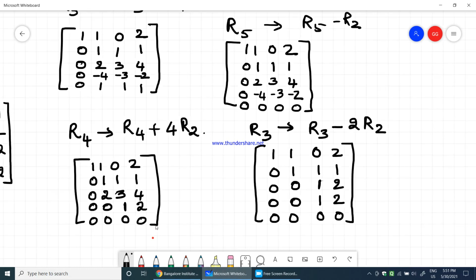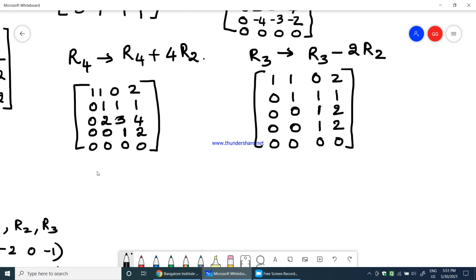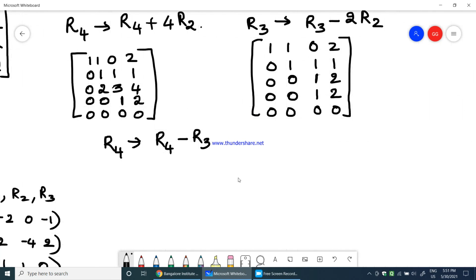Okay, now R4 will be equal to R4 minus R3. So what will be the final answer here is, not final, we can still do it further.